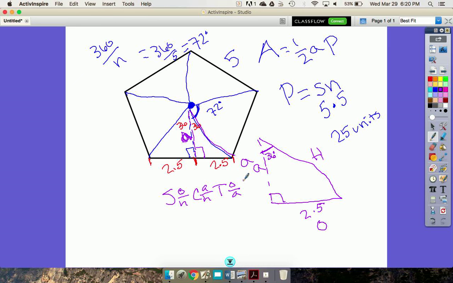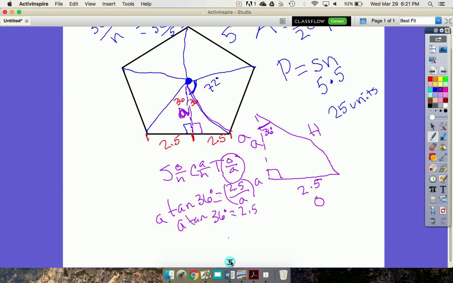O and A, and in this case I would use tangent because of O and A. And so then I would just plug in my formula, so tangent of 36 degrees equals O, 2.5 divided by A. And then I'm going to show this example here, just multiply times A. A tangent of 36 degrees equals 2.5, and then let me extend this down a little bit, there we go, divide by tangent of 36 degrees, so our A would equal 2.5 divided by tangent of 36 degrees in this case.